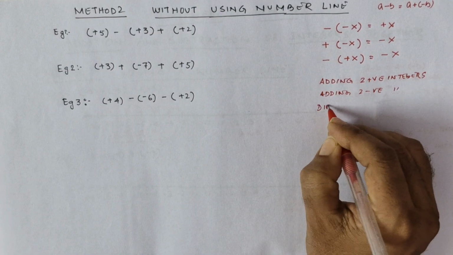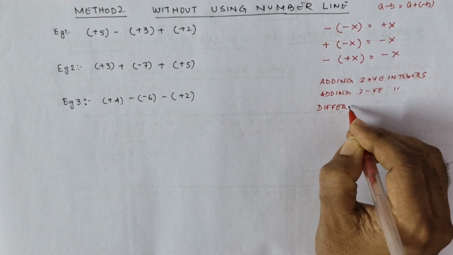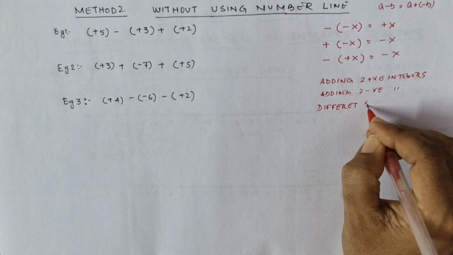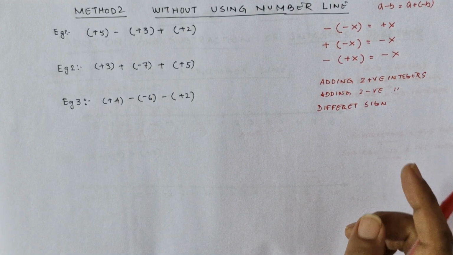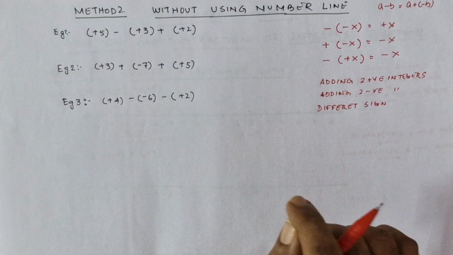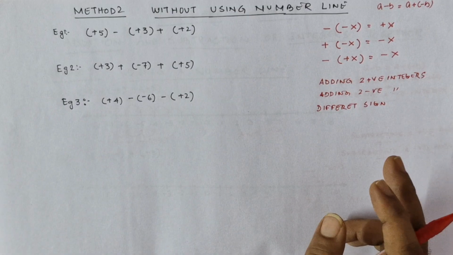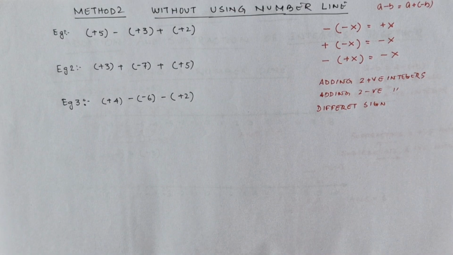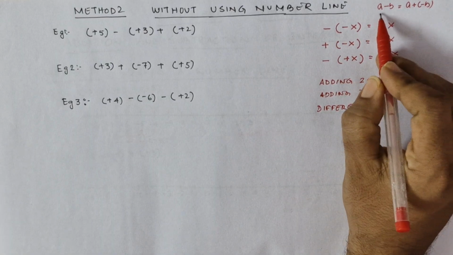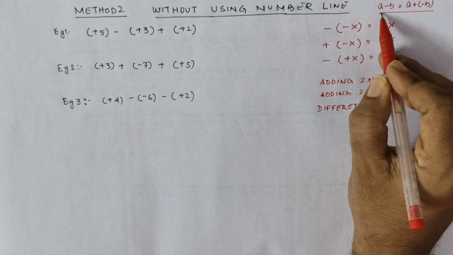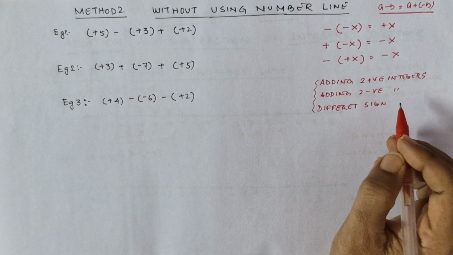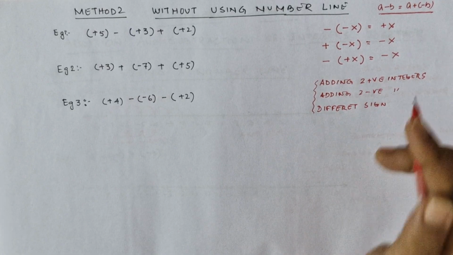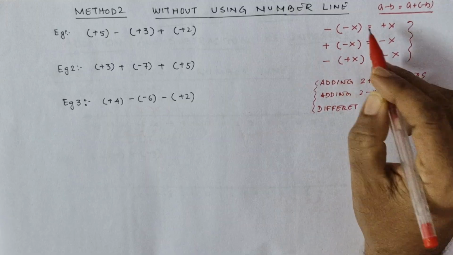If the signs are different, subtract the smaller from the bigger, and the sign of the result will be the sign of the larger absolute value. So you convert the subtraction into addition and follow these rules of addition. Or you can also follow these simple rules.